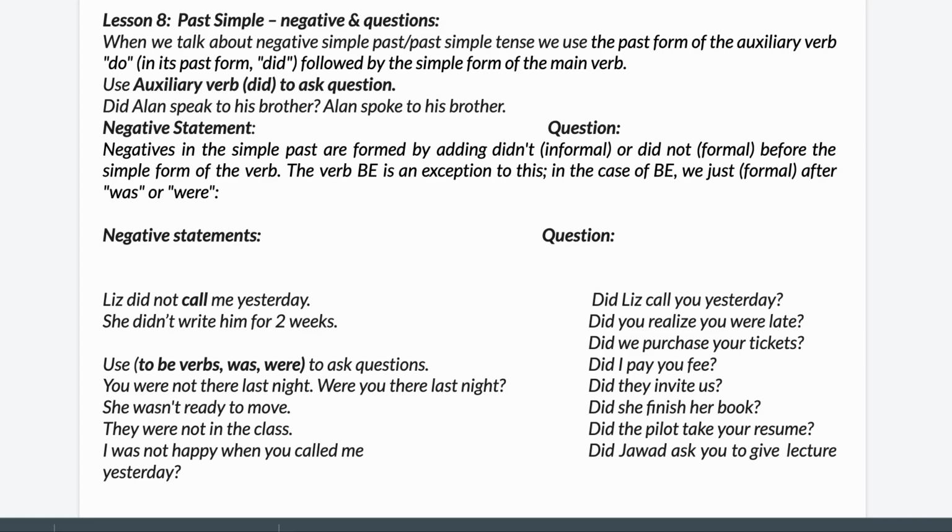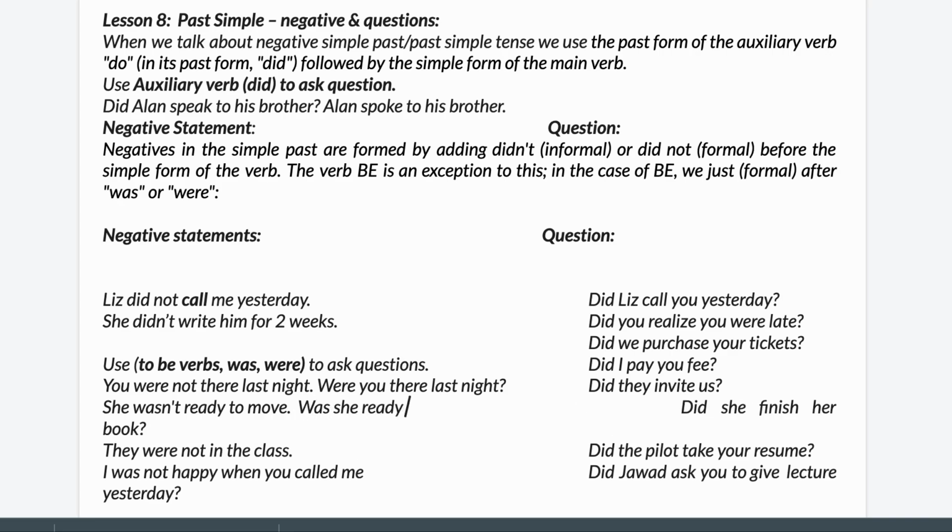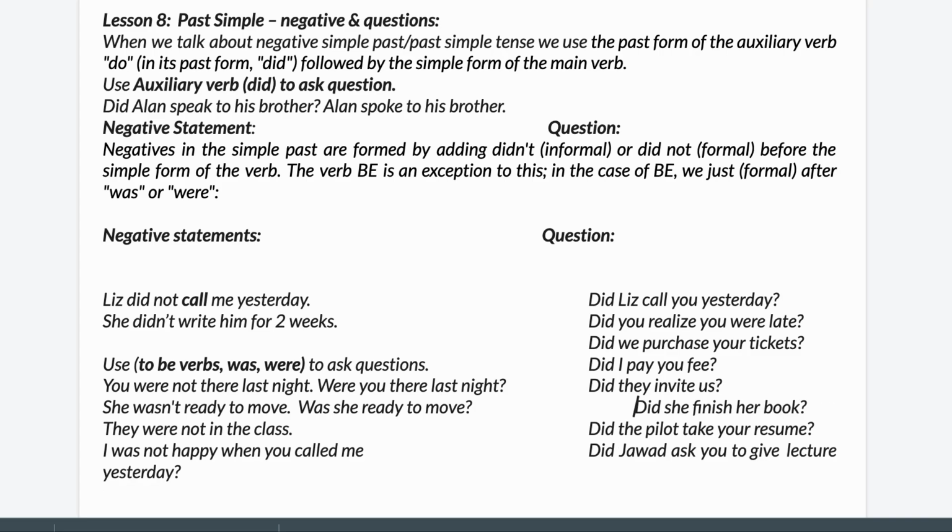You were not there last night. Were you there last night? She wasn't ready to move. Was she ready to move? Okay, and so on. Basically, this is the way we make statements.